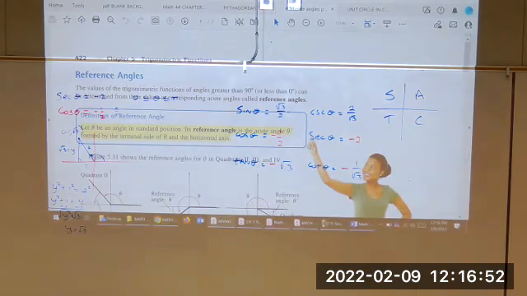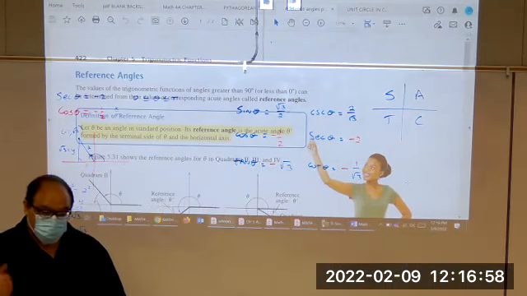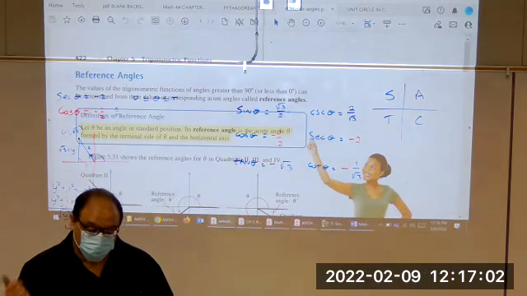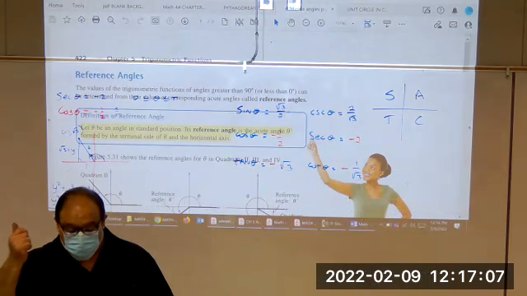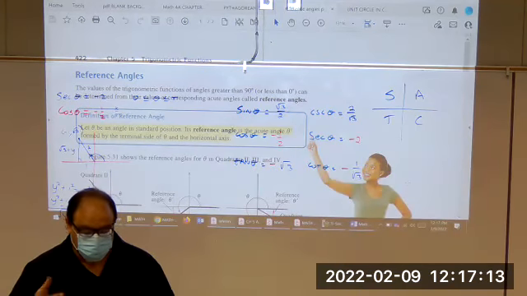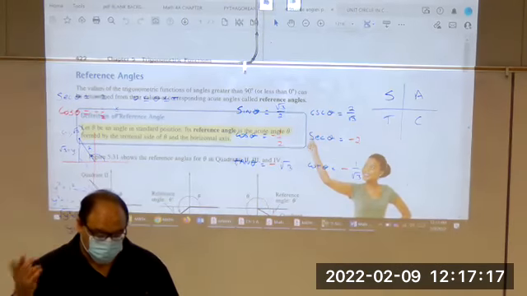Reference angles. You have to know every single angle all the way around the circle, because we've done them already. In degrees: 0, 30, 45, 60, 90, 120, 135, 150, 180, 210, 225, 240, 270, 300, 315, 330, then back to 360.